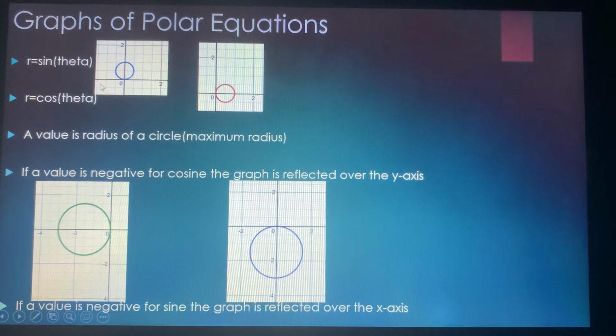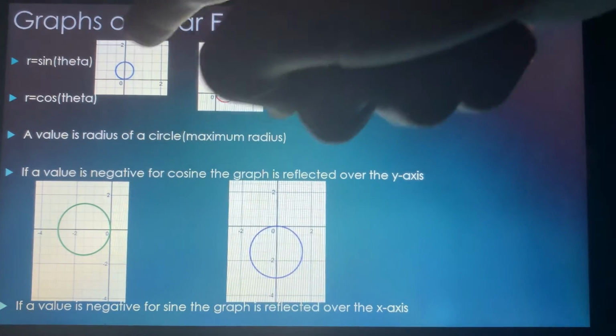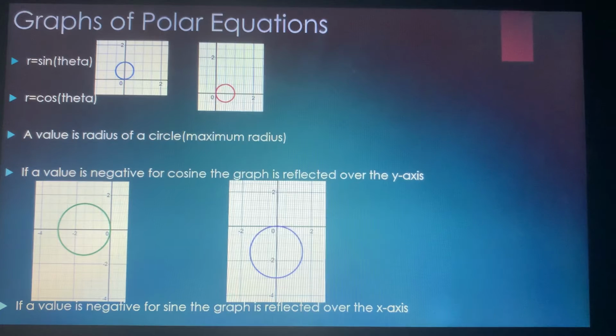Because this graph right here, the right side is really 0/360, or 0/2 pi. The top is really 90 or pi over 2. Here is really 180 or pi. Here is really 270 or 3 pi over 2. And over here is really 0 or 360.